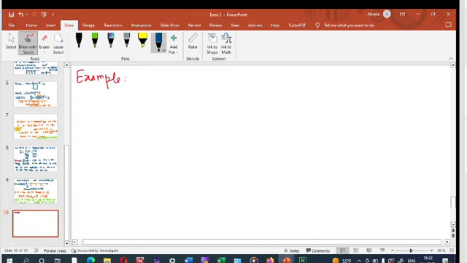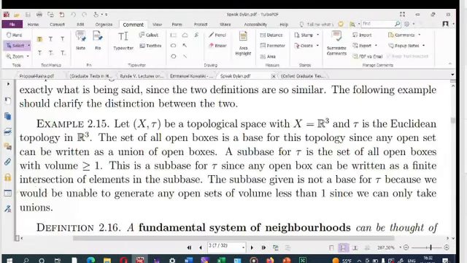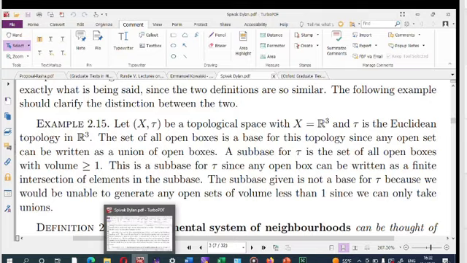Let X equal R3 and tau equal the Euclidean topology defined in the previous session, the union of all open intervals in R. You can see the definition of Euclidean topology, and this is very, very important.